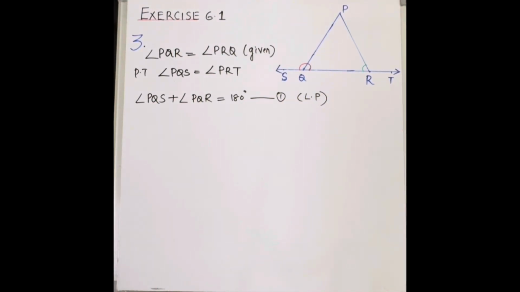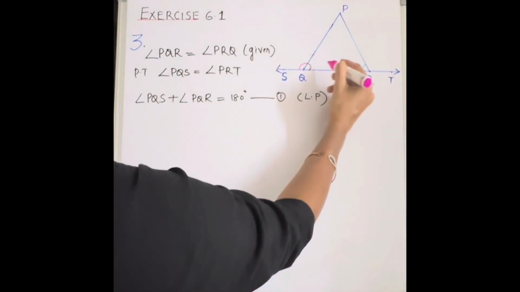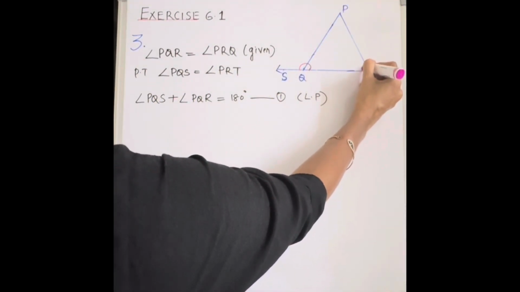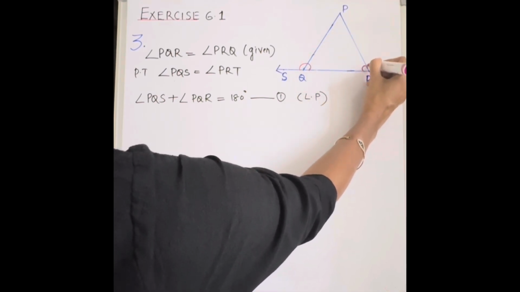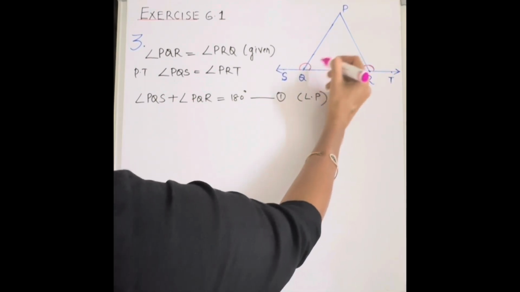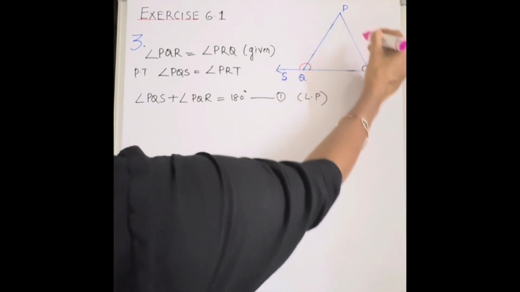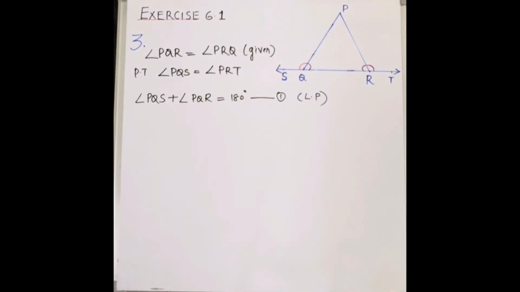Similarly, you can also find angle PRQ and angle PRT. Angle PRT, can you see that? Angle PRQ and angle PRT form a linear pair of angles.